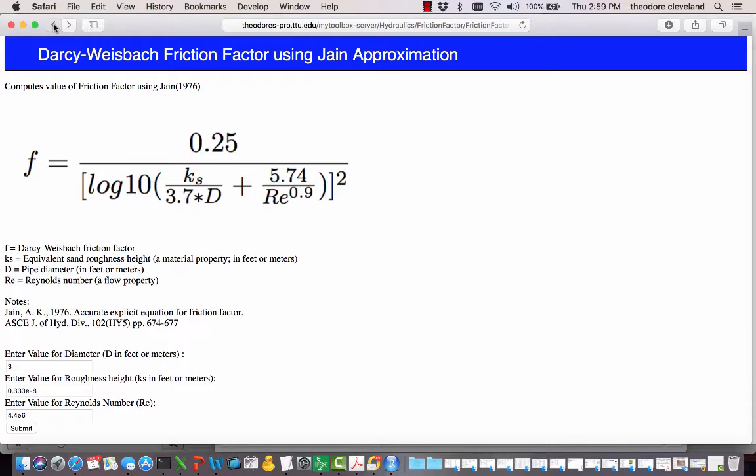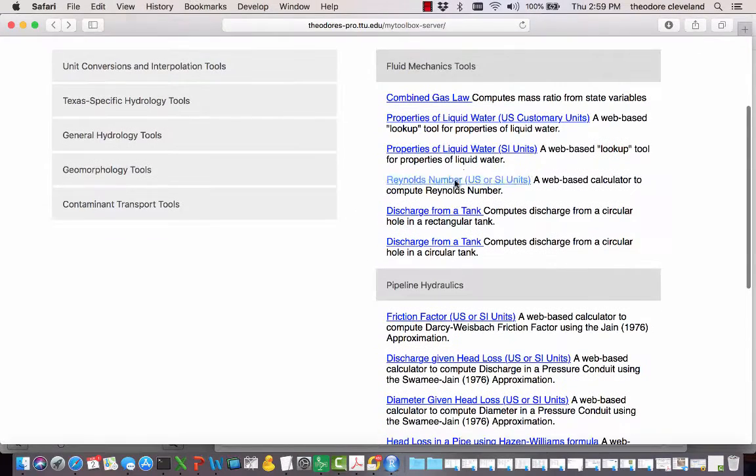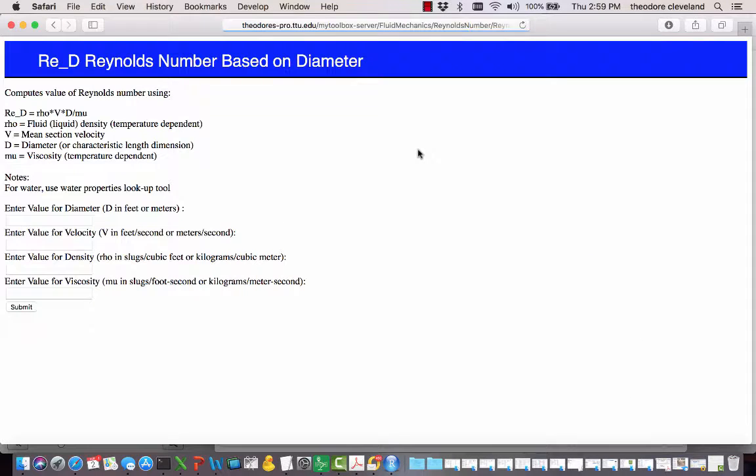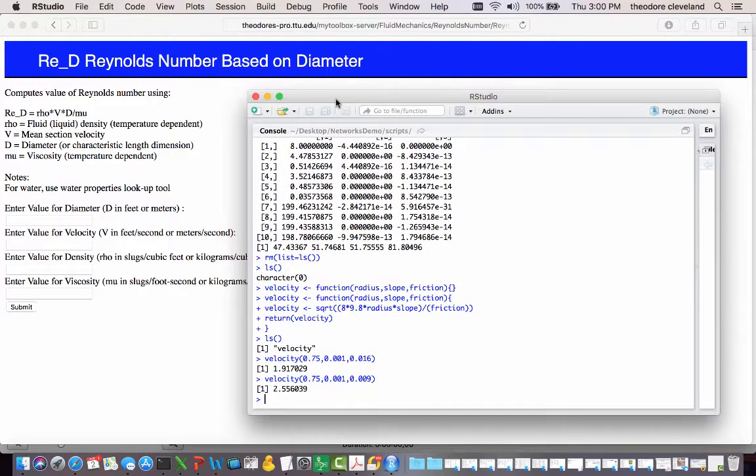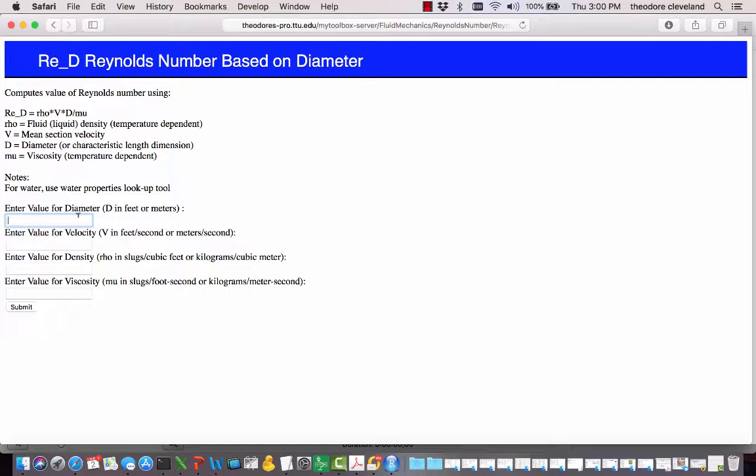We go back here. We have a Reynolds number computer. Forgot to write my velocity down, 2.55. And what we do over mu. Okay, so my diameter is now going to be 4 times 0.75, which is 3.